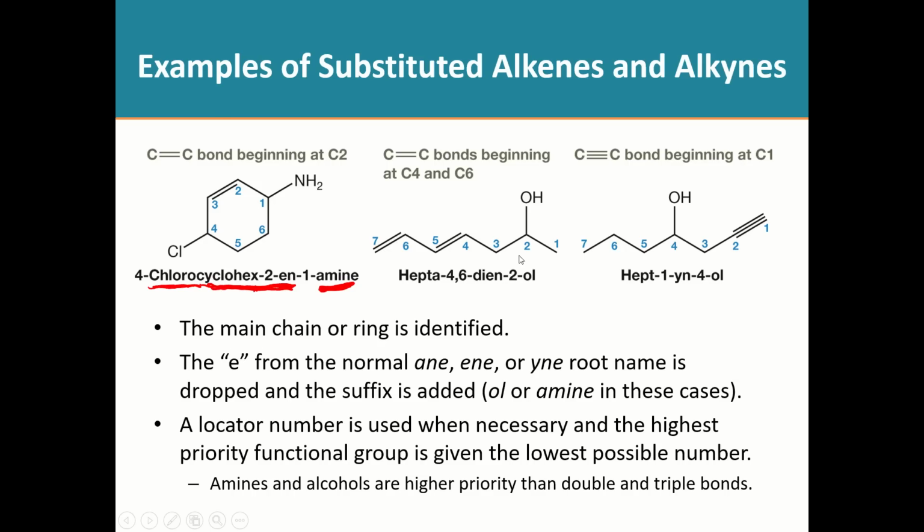Let's see here. This molecule right here. You see that there's 7 carbons long. That's where we get the hepta. We also see that the hydroxyl group is on carbon 2, so that's why you see the 2 all. And then we have 2 alkenes, and we need to specify where those locations are.